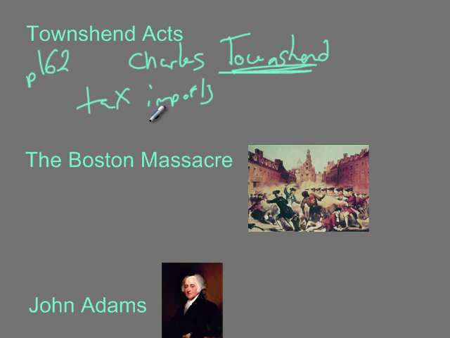Now, if we just step back a little bit and look at all of these acts, like the Sugar Act, the Stamp Act, the Townshend Acts, and wonder, why don't the colonists like these? Why are they so upset? Really, it's not because it's more money that they have to pay. It's because they do not have any representation in the vote in Parliament to say, we're going to pass the Townshend Acts, we're going to increase taxes.